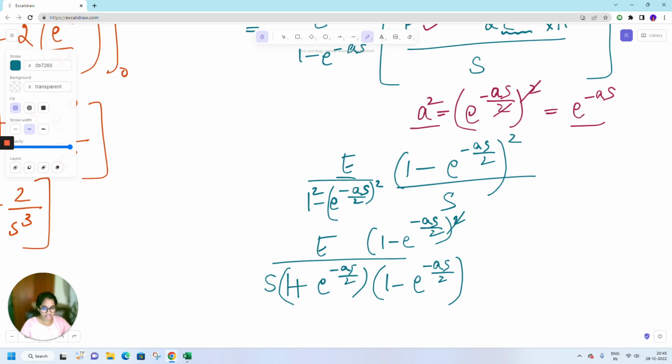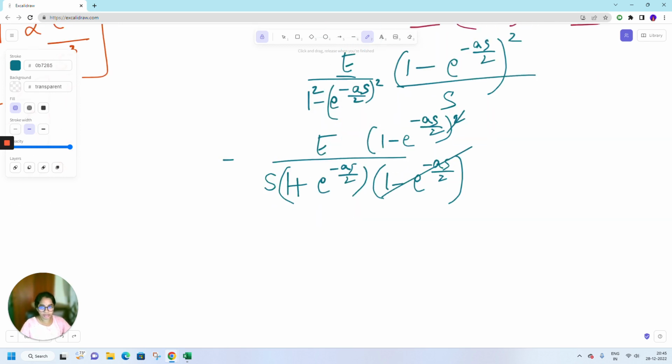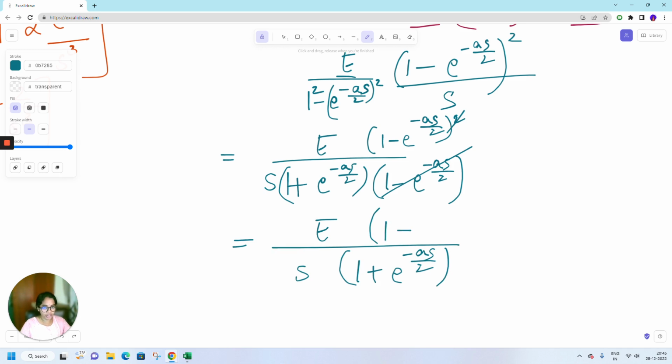So what else is remaining? We have e divided by s into 1 plus e power minus s divided by 2, over 1 minus e power minus s divided by 2.